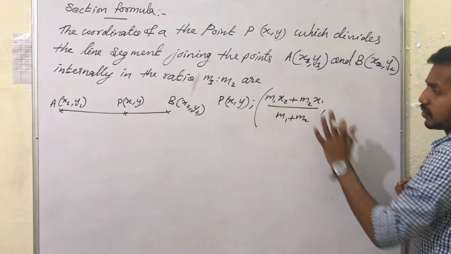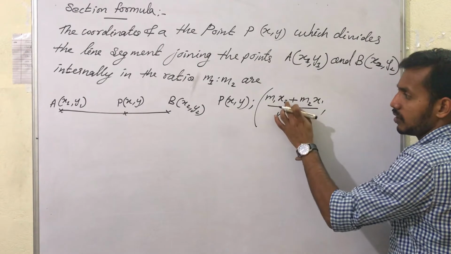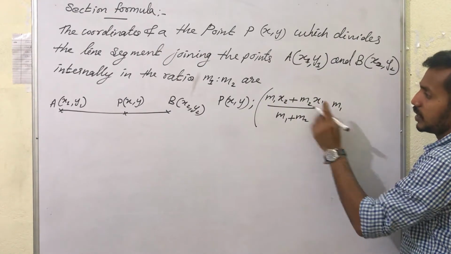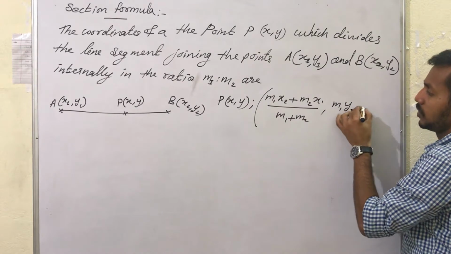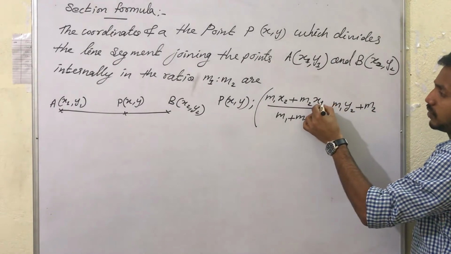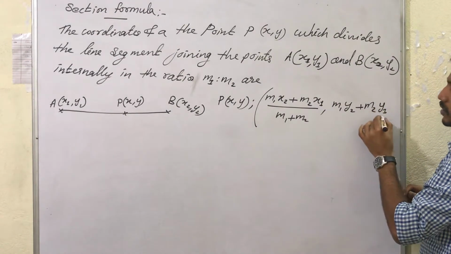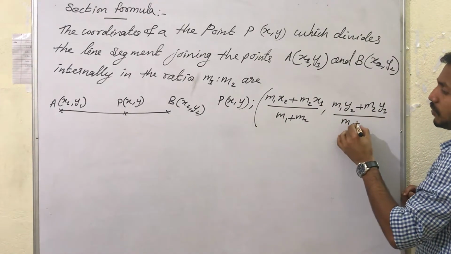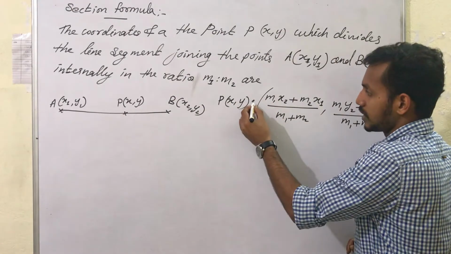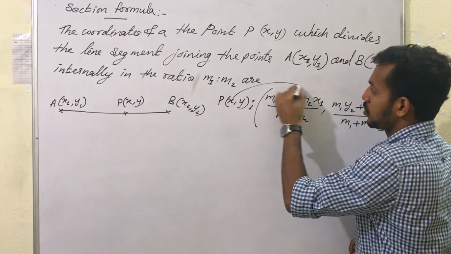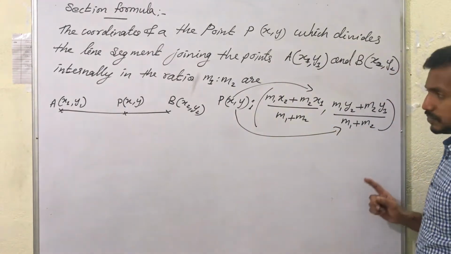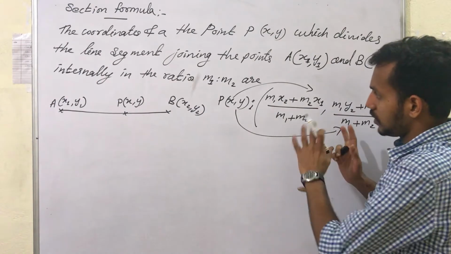Similarly, the y coordinate we can write the same way, only we need to replace x by y. That means (m1 into y2 plus m2 into y1) divided by (m1 plus m2). So this will be the x coordinate and this will be the y coordinate.